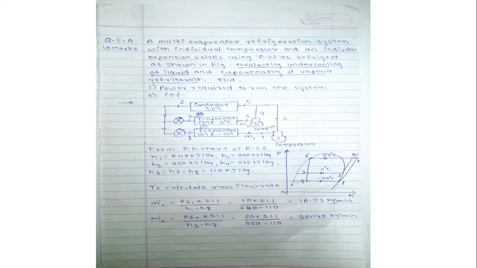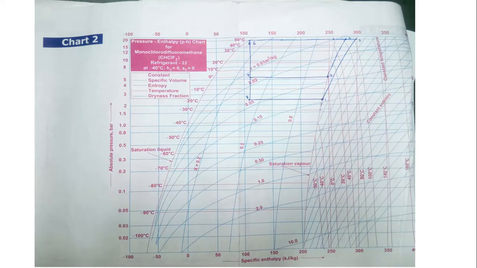First of all, for solving this type of question, there is a particular sequence, which they have provided. Please go through it. In the first step, we calculate all the enthalpies like H1, H2, H3, H4. As we are using R22 as the refrigerant, we will plot this cycle on the R22 pH chart.